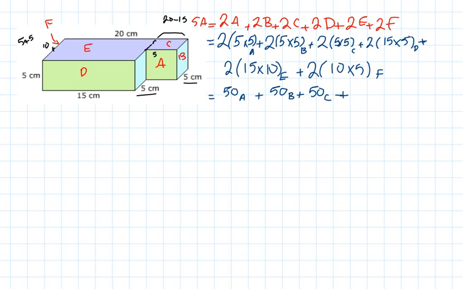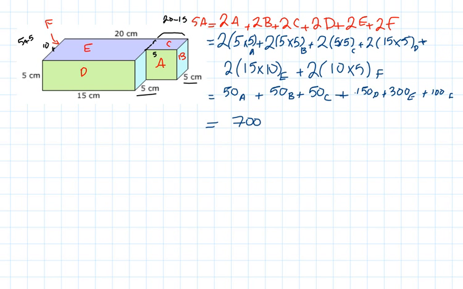Plus 15, so 30 by 5, that's 150 for D, plus 300 for E and 100 for F. Okay, you add all of them up. That's 150, 300, 600, 700. So the total area for all the faces, as if they were separated, is 700.